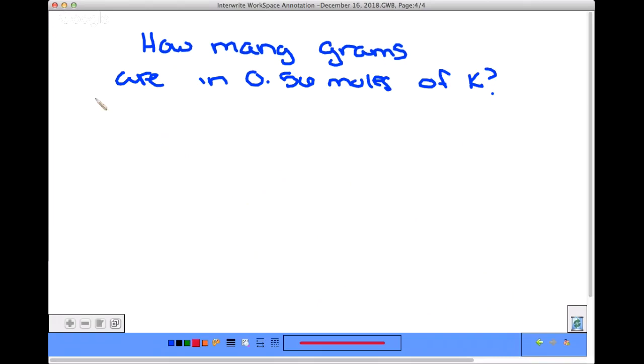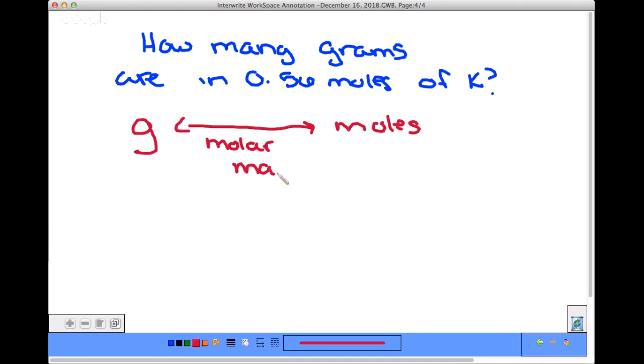Now, one of the things that you want to remember when you're doing this is that if we're converting between grams and moles, the conversion factor that we want to use is molar mass, which we're going to find on the periodic table. The units for molar mass are however many grams, which you'll see on the periodic table, will always equal 1 mole. So we create kind of this conversion factor with it.